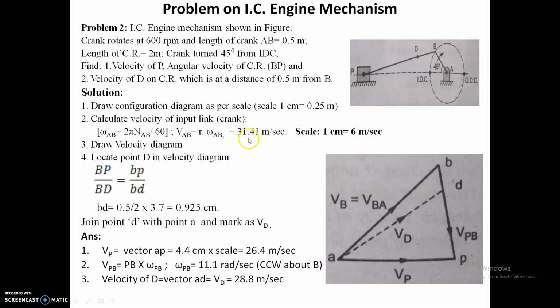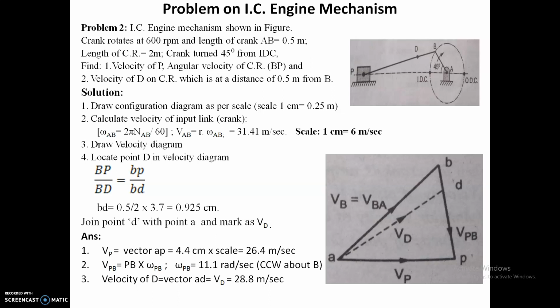So 31.41 divided by 6 is approximately 5 point something length. You take the length of 5 point something, that is the vector small ab, which is the magnitude, and the direction is perpendicular. In that way, because the crank is moving in clockwise direction, I have taken small a on the left side and small b on the right side.